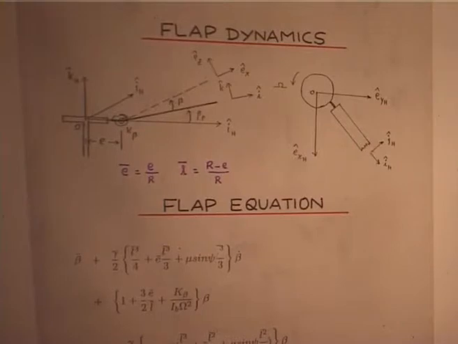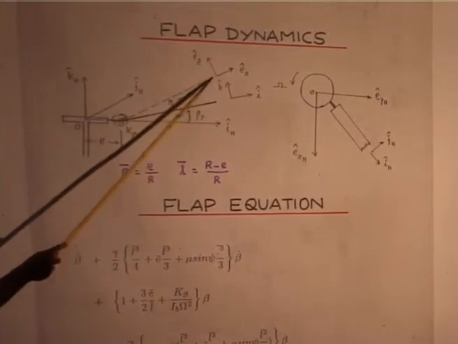Okay. You balance the root moment, take the aerodynamic load, but now the length of the blade is different from the radius of the disc, because the radius of the disc is E plus the length of the blade.